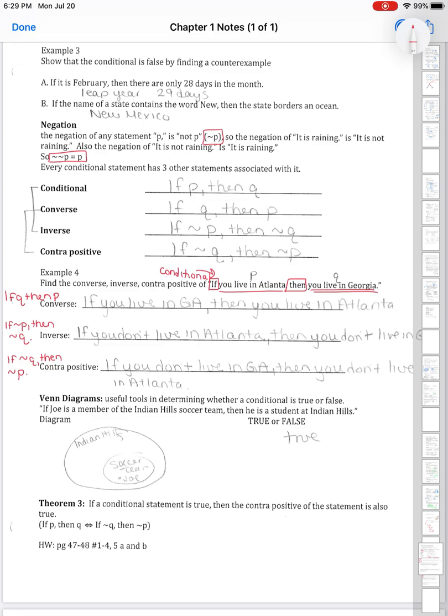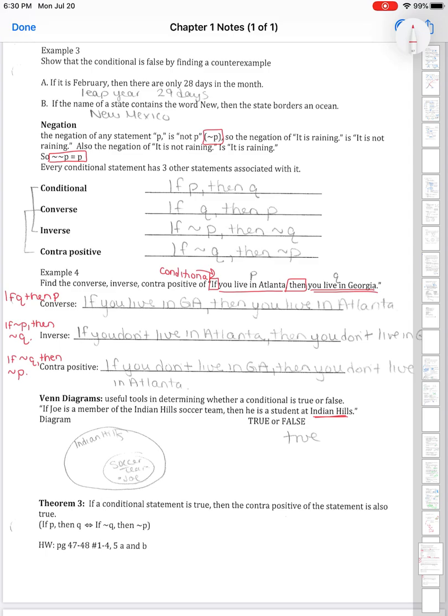The only other minor thing that you could see here would be a Venn diagram, and you've done many of these in English class in terms of writing. But if it says if Joe is a member of the Indian Hill soccer team, then he's a student at Indian Hill. So if we wanted to create ourselves a Venn diagram to help support the conclusion as to whether this is a true or false statement, we would think, okay, in that statement, what's the bigger picture? Well, the bigger picture would be Indian Hill.